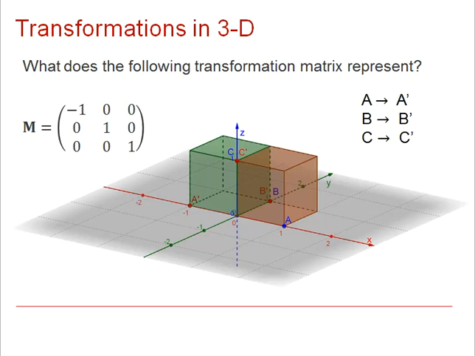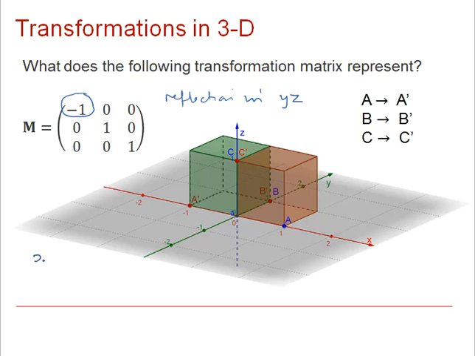You may wish to pause here and think about things for yourselves, i.e. what reflections in the xy and xz plane would look like in matrix form. So, just to remind you, I'll write it down, that this is a reflection in the YZ plane. Alright, and you can see it's the X coordinate that's changing sign.